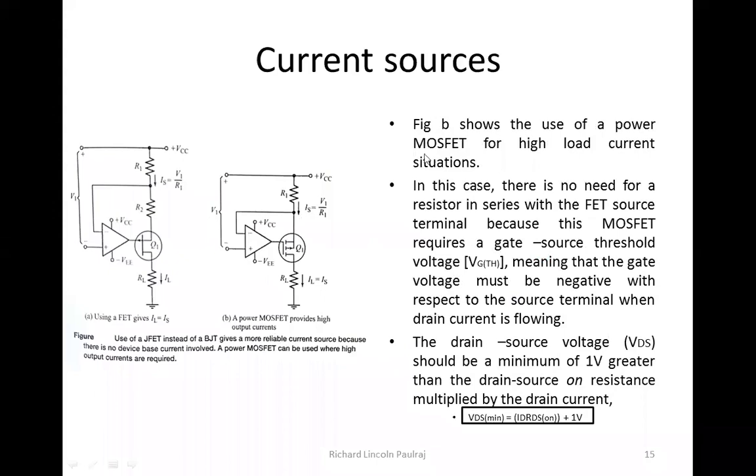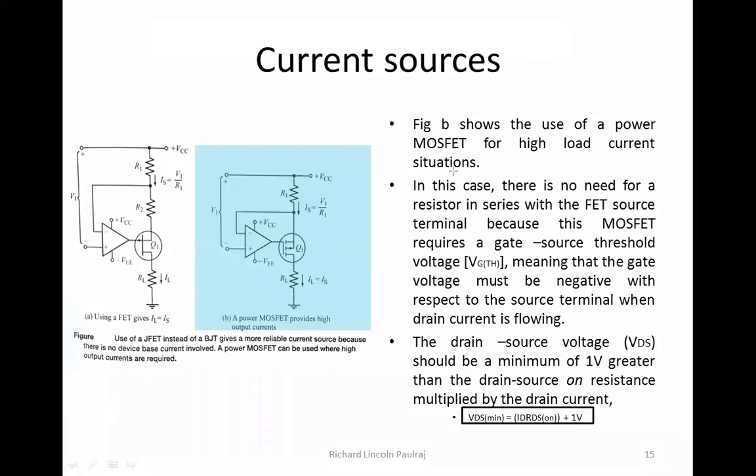So here in figure B, we are concentrating on figure B, where we'll be looking into the inclusion of MOSFETs. Use of power MOSFET for high load current situations.